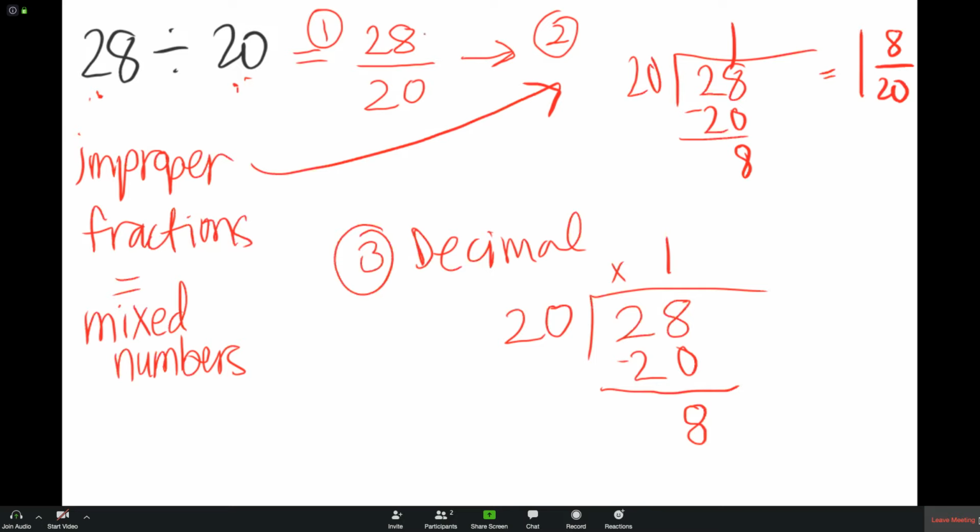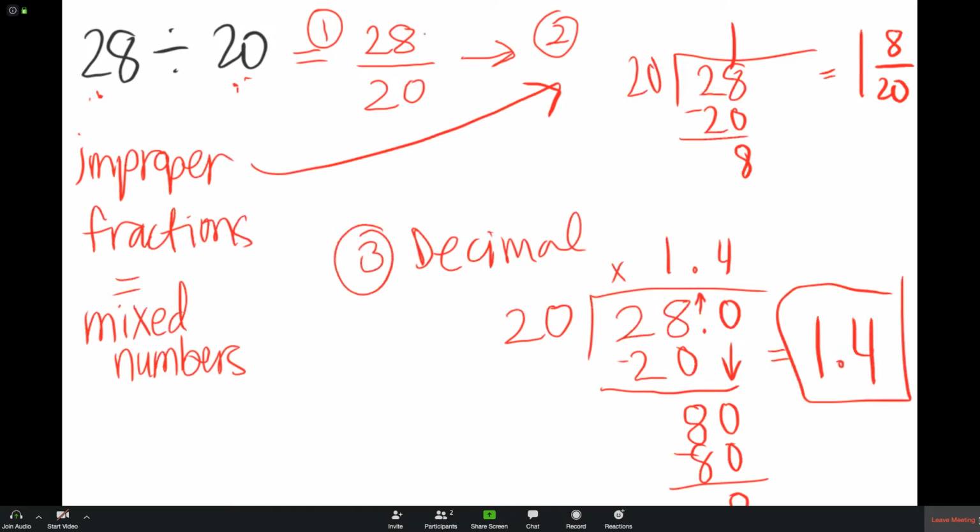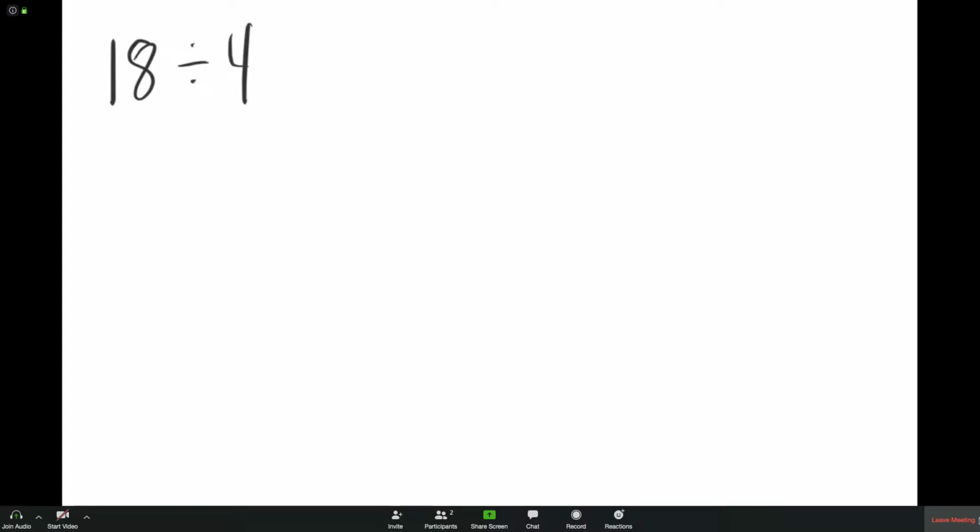So we'll end here by adding the decimal and the 0. It needs to come down, and we know 20 goes into 80 4 times evenly with no remainder, so your answer is 1.4.